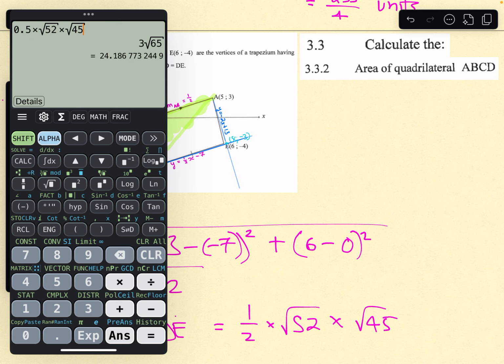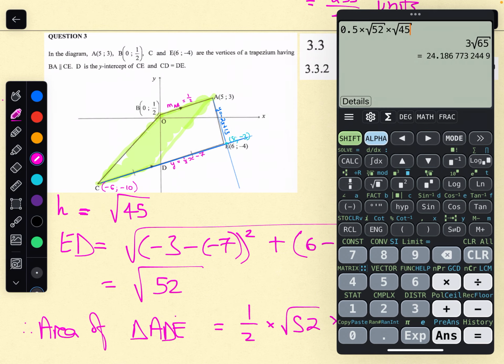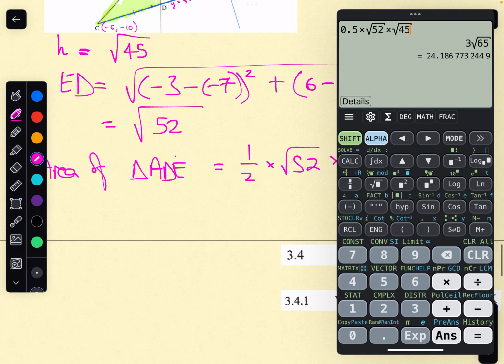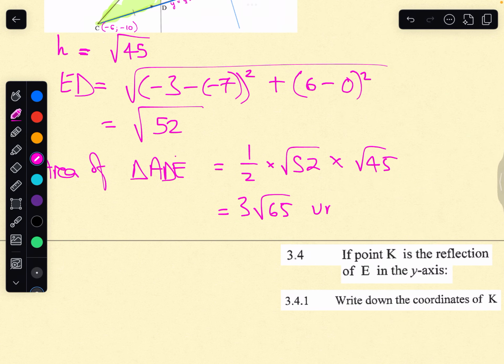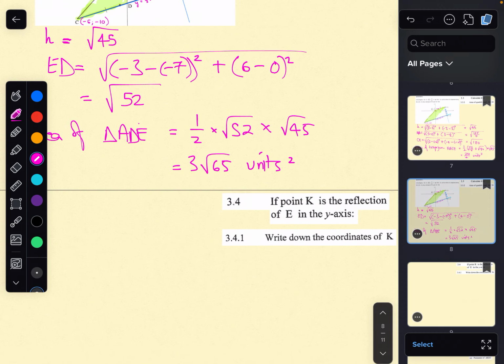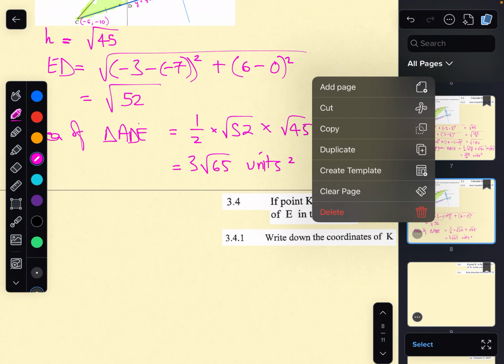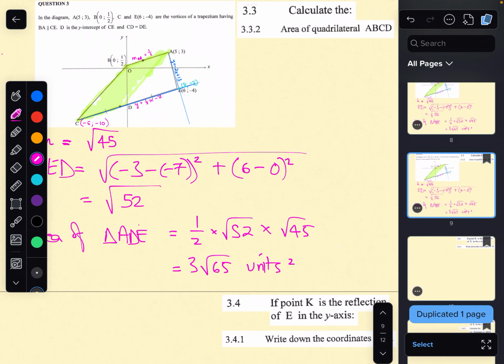So that comes to 3 root 65. Don't lie, it's giving me heebie-jeebies. Okay, and then one more duplication, please.